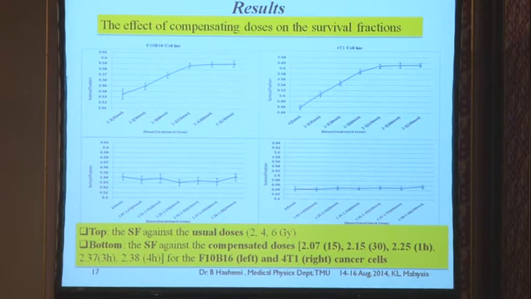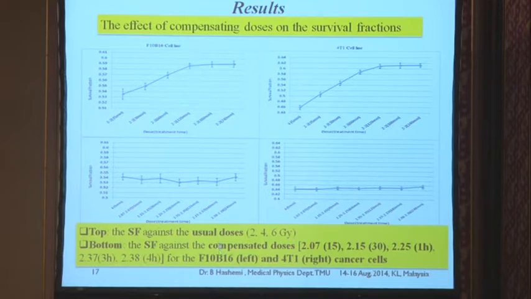It means we give fractions without any attention to the delay between 2 fractions in complex systems. And as you can see, the survival rate of the cells goes up if the time increases from 50 minutes up to 2 hours.